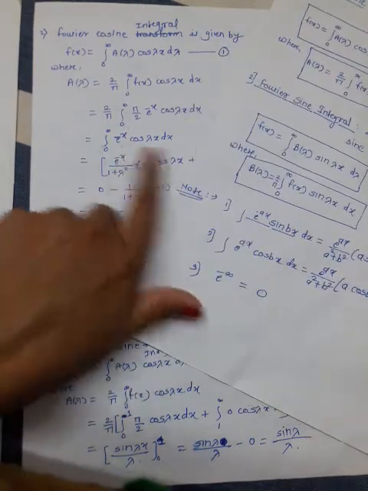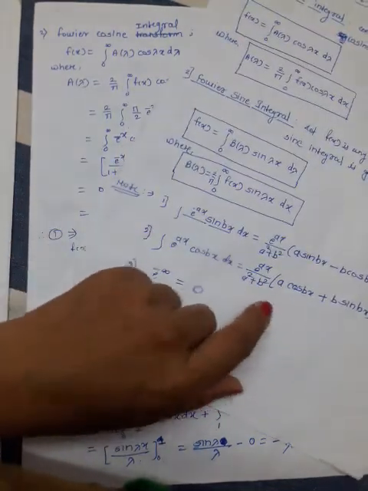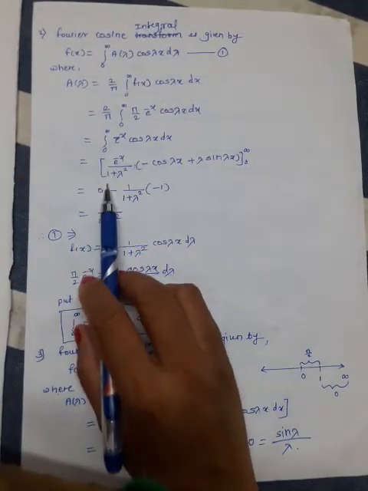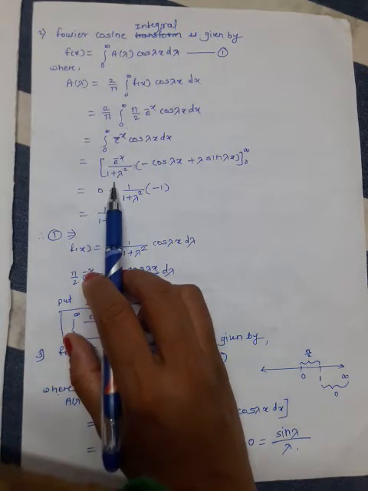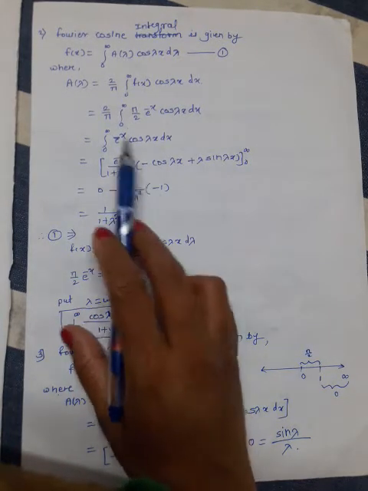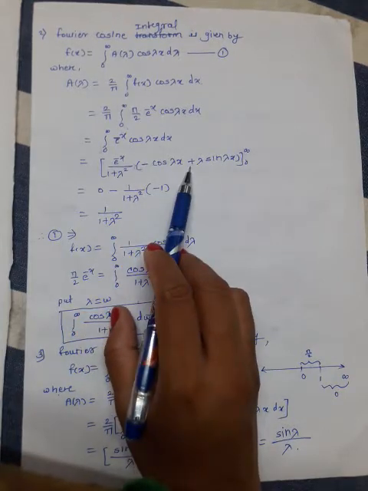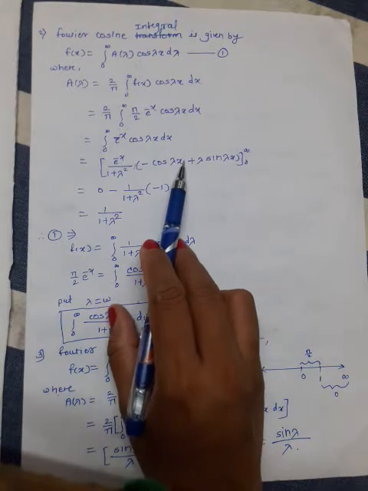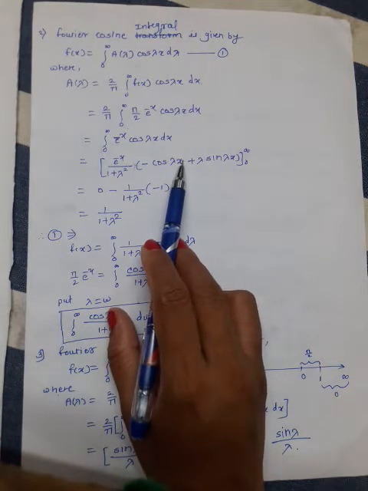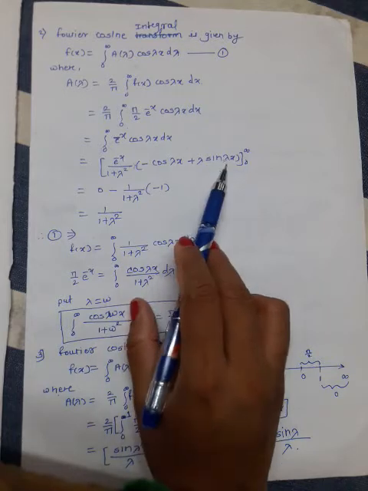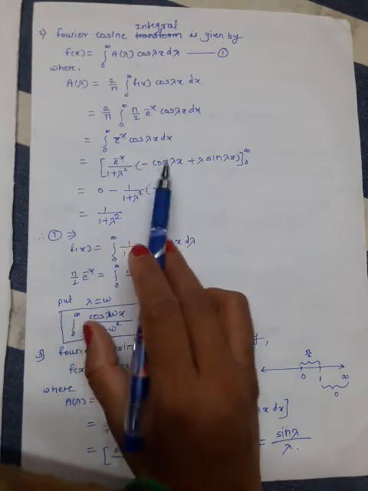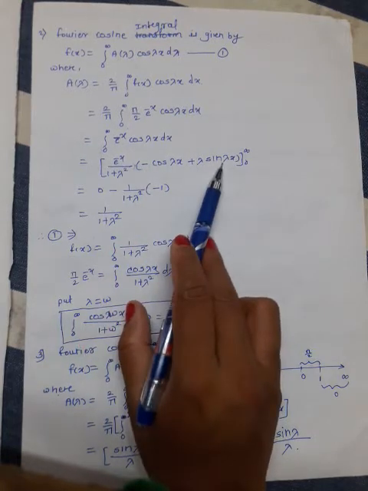Therefore, using this formula, you get e raised to minus x upon 1 plus lambda square, where minus 1 squared is plus 1, into bracket a, that is minus 1 cos lambda x, plus b, that is lambda sine lambda x. The angle is the same whatever it is, cos or sine, but here the a value is minus 1 and the b value is lambda. Just replace a by b here and cos by sine here.